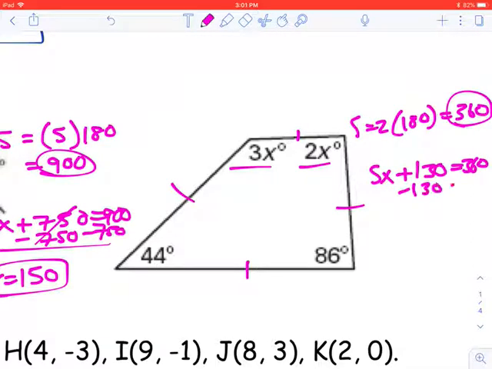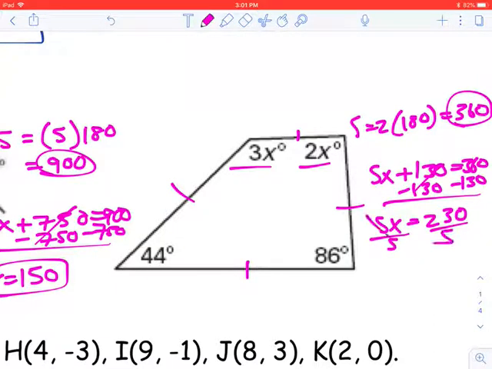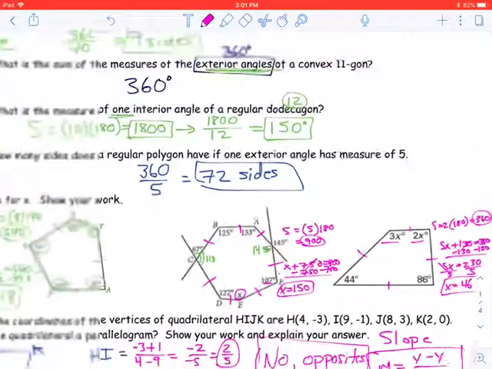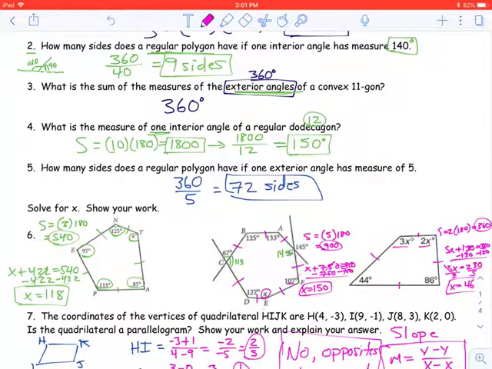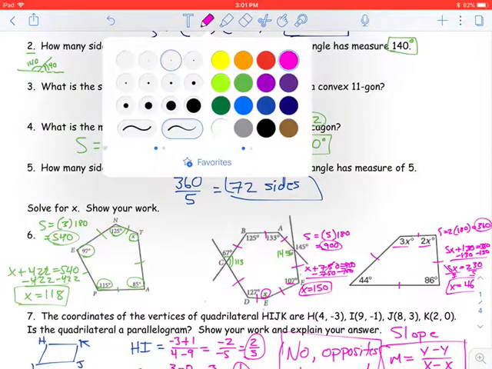So I subtract 130, and I get 5x equals 360 minus 130, and that's 230. And so I divide by 5, x equals 230 divided by 5, which is 46. And there we go. That's finding x using the sum. Okay, so you have to find that sum first, most of the time.